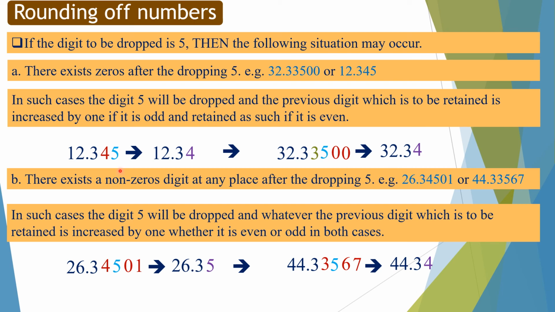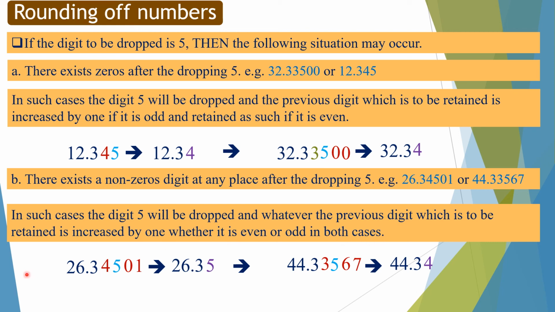The second case is when there exists a non-zero digit at any place after the dropping 5. For example, 26.34501 or 44.33567. In such cases, the digit 5 will be dropped and whatever the previous digit is which is to be retained is increased by 1, whether it is even or odd.